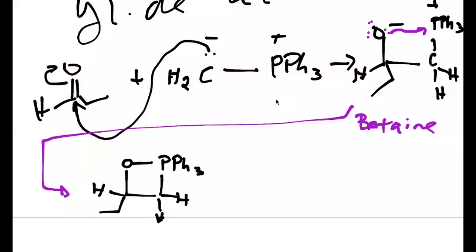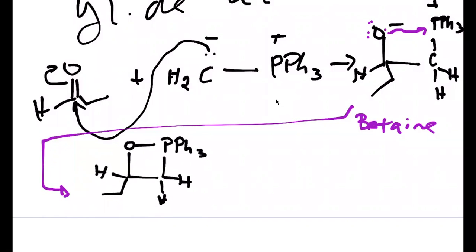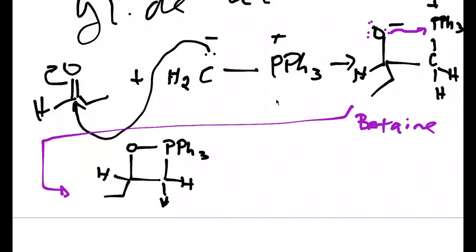All right. Any questions about this so far? So now once that cyclizes, this is where your alkene is going to come from. How do you think that happens?